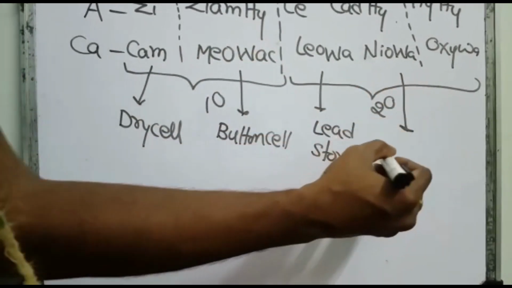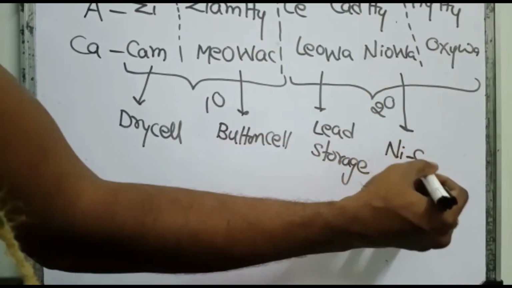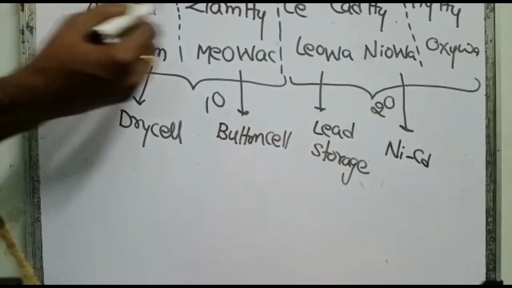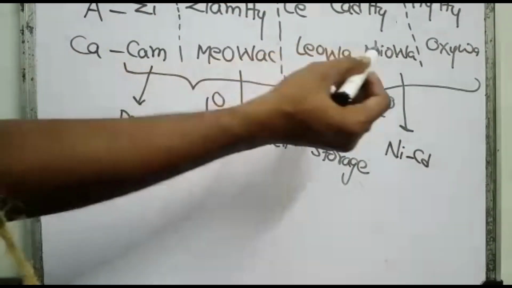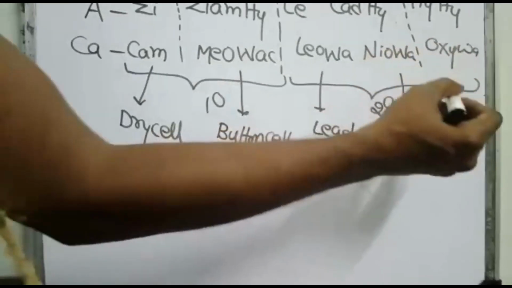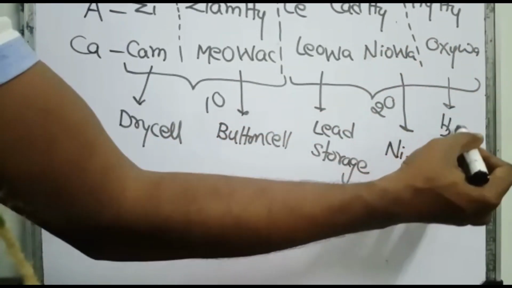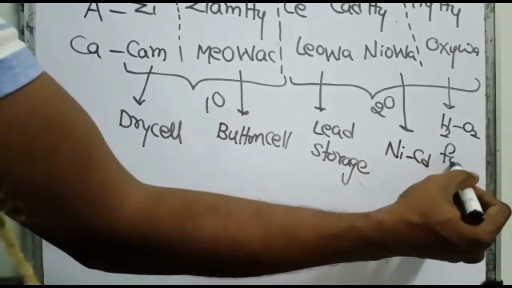Next, the nickel cadmium battery: the anode is cadmium and the cathode is nickel oxide. Next, the hydrogen oxygen fuel cell.